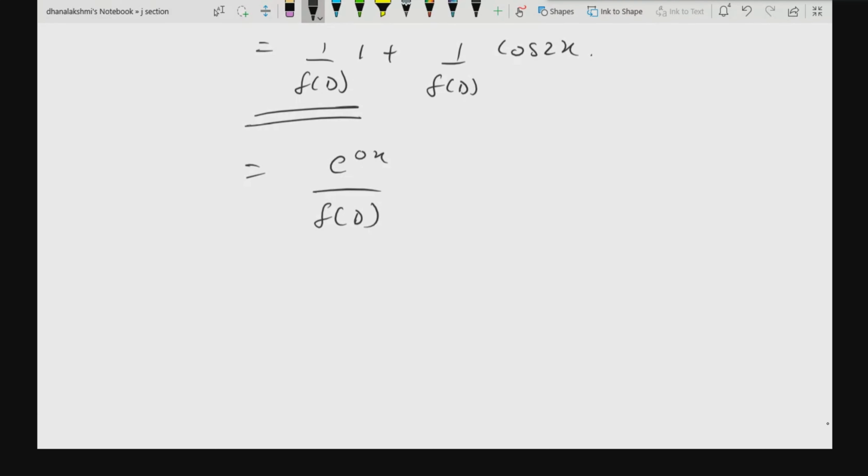Now let us see. In objective type, we will try to give a problem where everything will be covered from your syllabus. If I ask you to get the particular integral, or maybe just calculate the complementary function, it is for 1 or 2 marks.